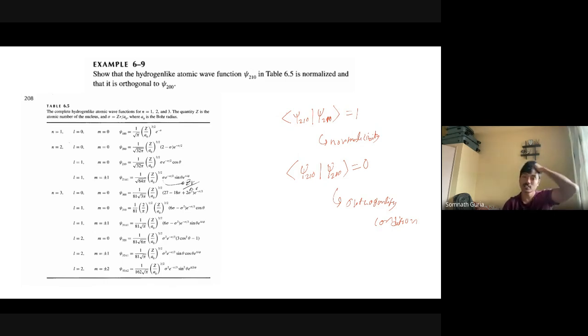Okay, let's see. First of all, normalizability: psi 210 with psi 210.